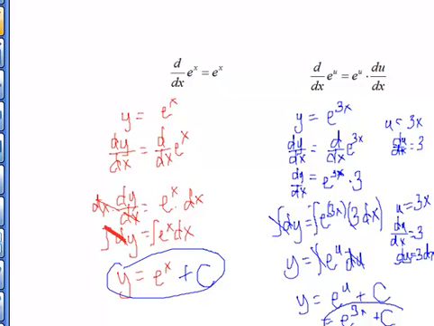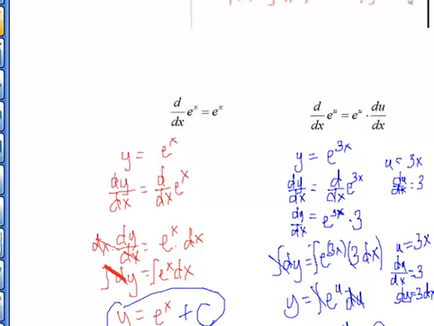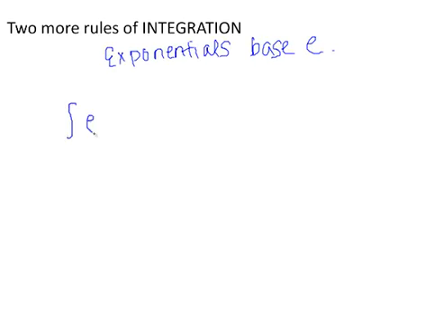Okay, so here we're going to look at our two new rules. Two more rules of integration. When we're looking at exponentials, base e, if you have e to the x with respect to x, then it's just going to resort back to what it was, e to the x plus c.